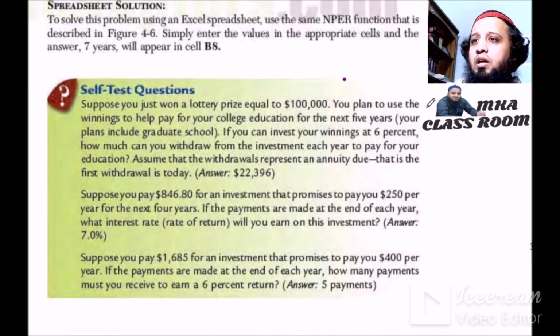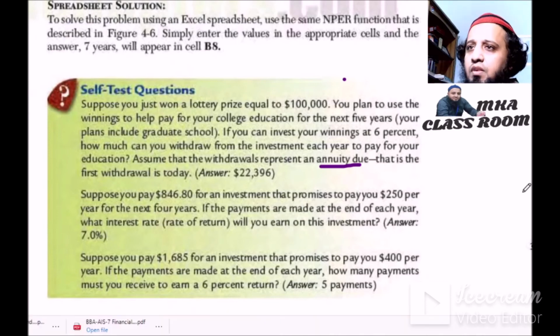If you can invest your winnings at 6%, how much can you withdraw from the investment each year to pay for your education? Assume that withdrawals represent an annuity due. That is, the first withdrawal is today.